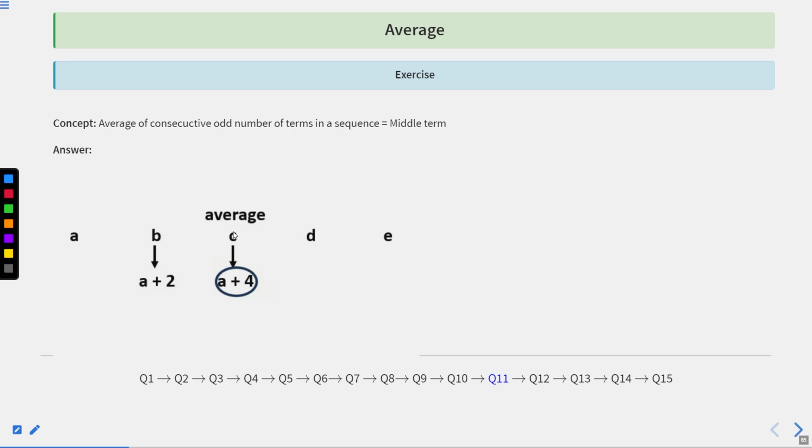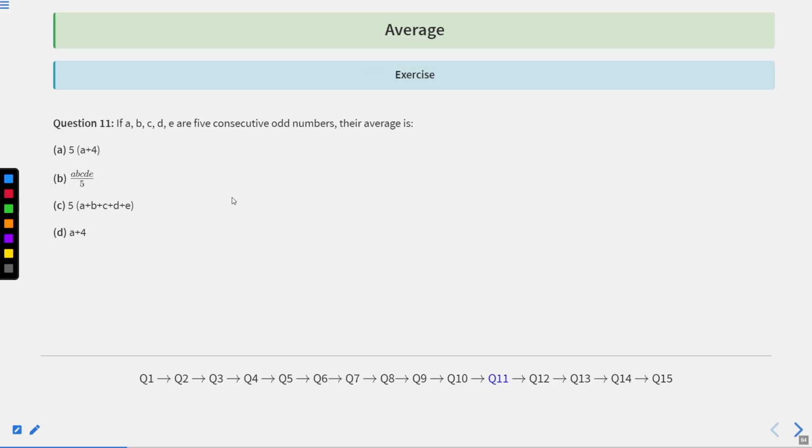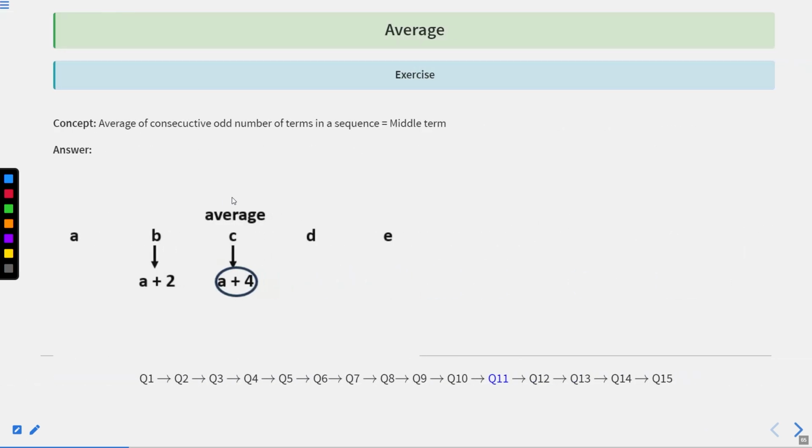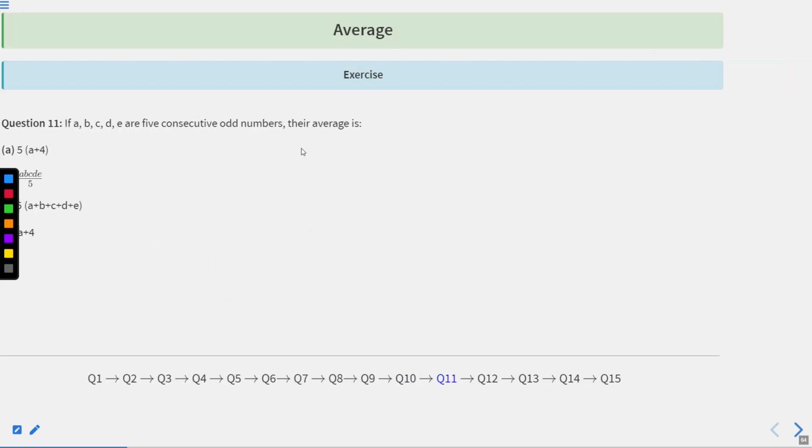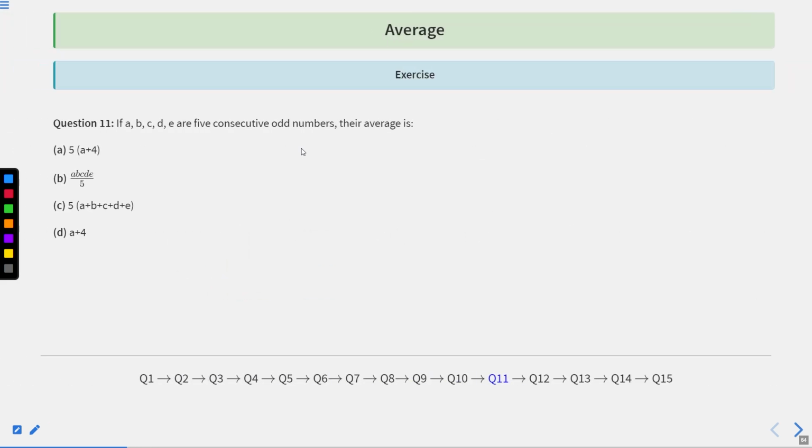So the average will be C. And since these are consecutive odd numbers, it is A, and it will be A plus 2 and it will be A plus 4. Correct? So the average will be the middle term, that will be A plus 4, option number D.